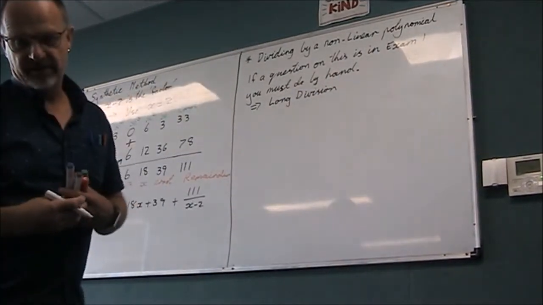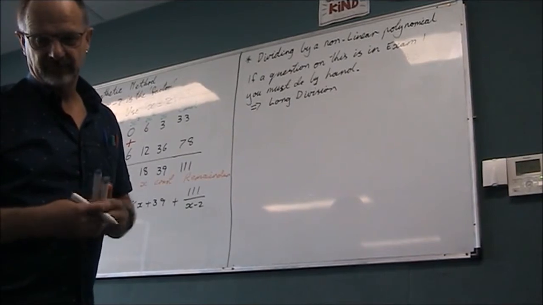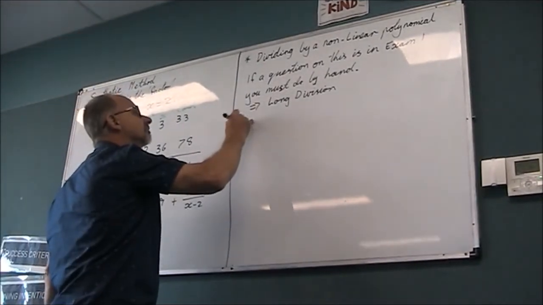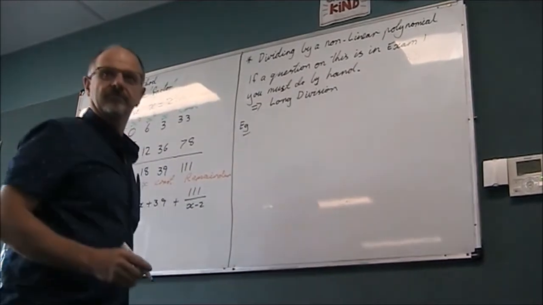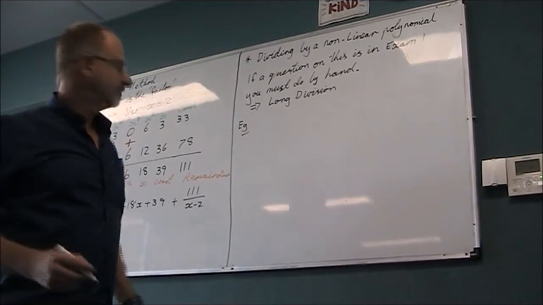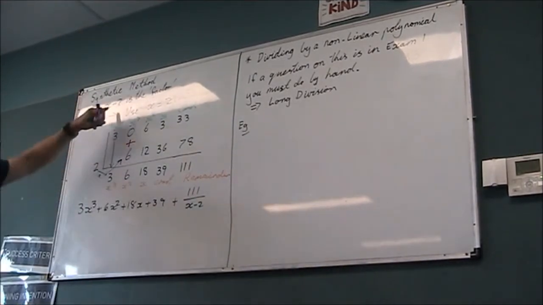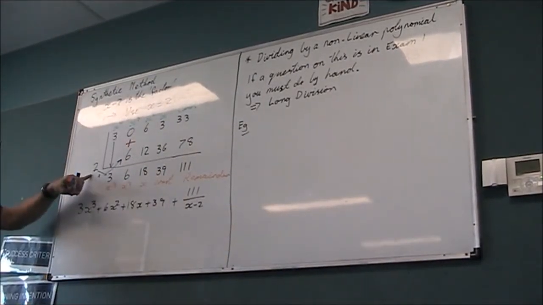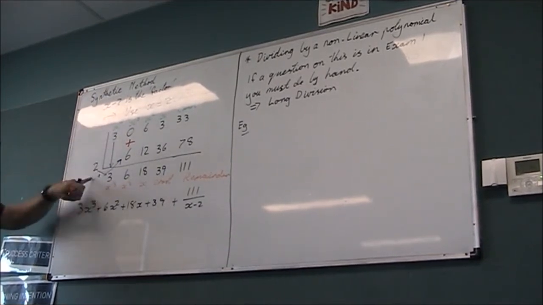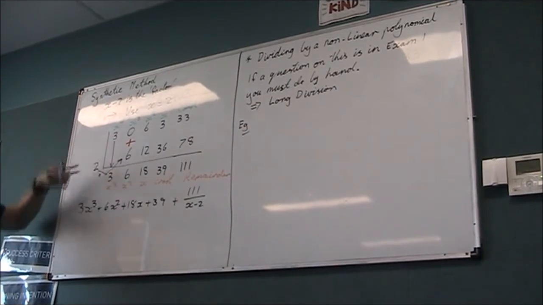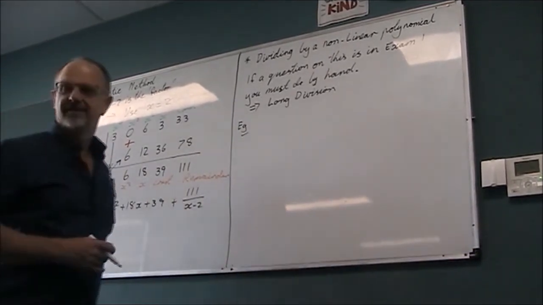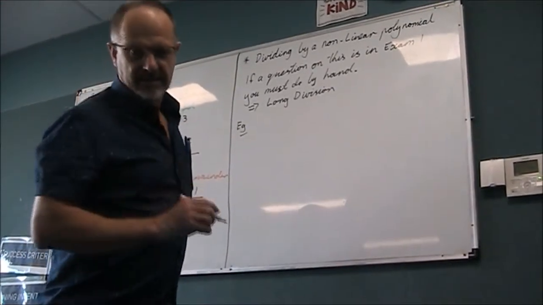All right, let's have a look at an example. So x take 2 and then we just put a 2 there. But if there's an x squared term in there, there's no shortcut that we can do. Because there's an x in there as well. All right, so let's have a look.